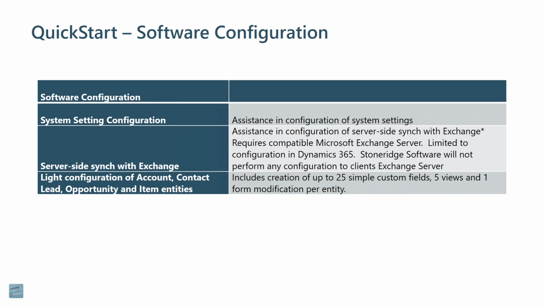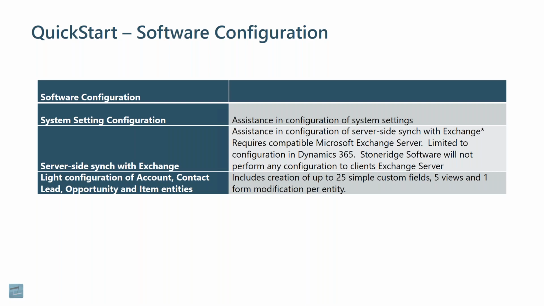The next main bucket is software configuration. This is where we're actually going in and doing some config customization of Dynamics 365. So we can provide assistance for the system settings, for server-side sync with Exchange. One of the assumptions here is that we're looking at Dynamics 365 online. This is an online implementation.